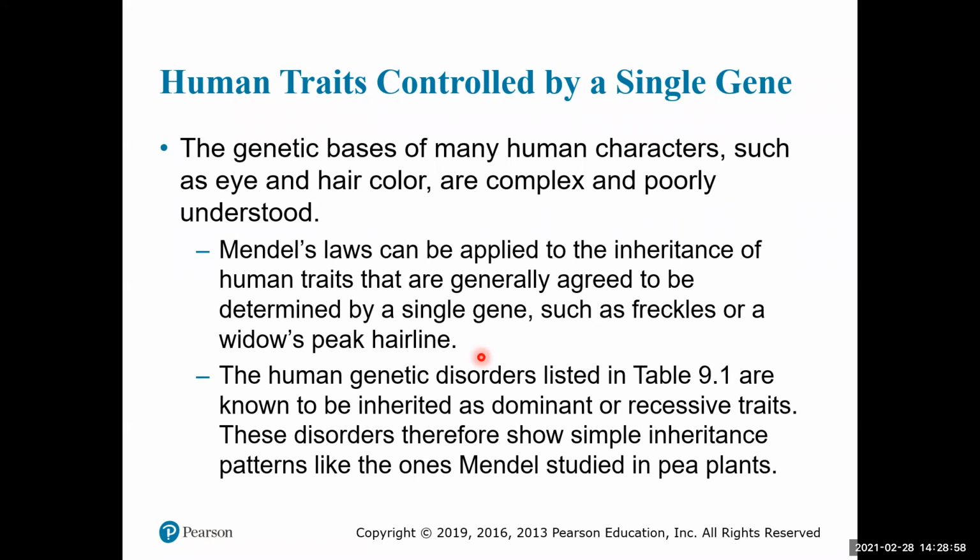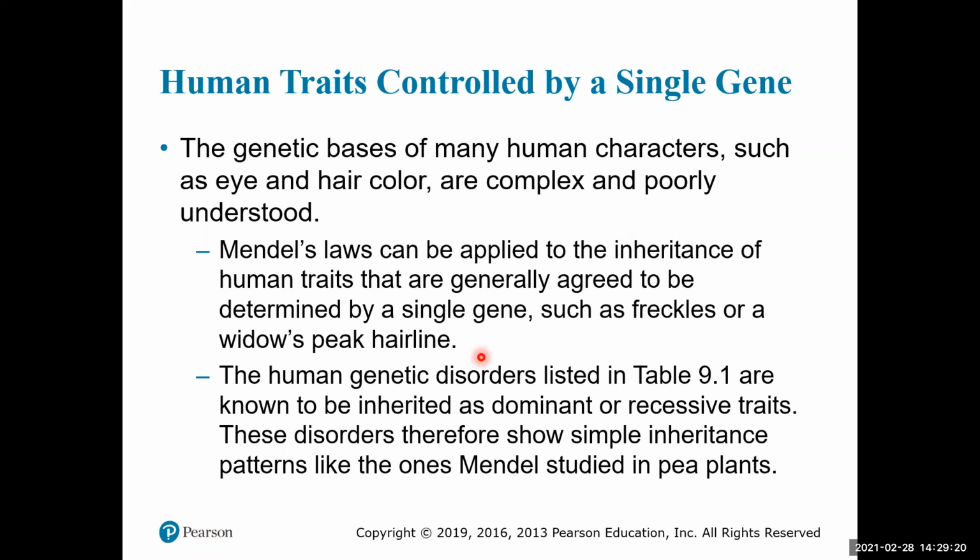All right, the next thing we want to mention is that a lot of the characters that we've been looking at have been solely driven by a single gene, and that really reduces the complexity of how those phenotypes are expressed.